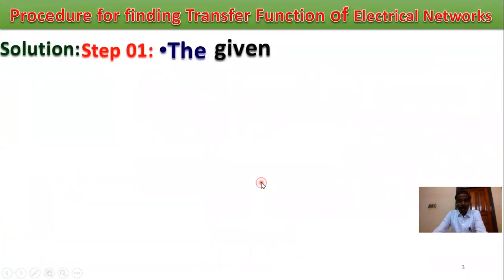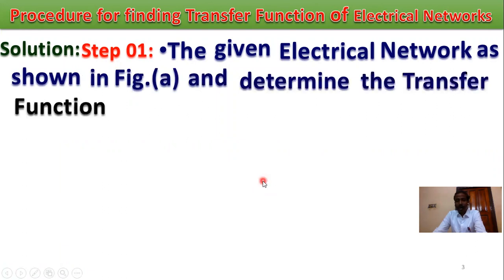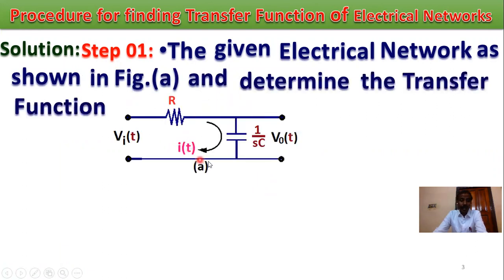Step number 1. The given electrical network is shown in figure A, and we determine the transfer function. This is figure number A. In this network, Vi of t is the input voltage, V0 of t is the output voltage, R is the resistance, C is the capacitance, and i of t is the current, because this is the time domain.